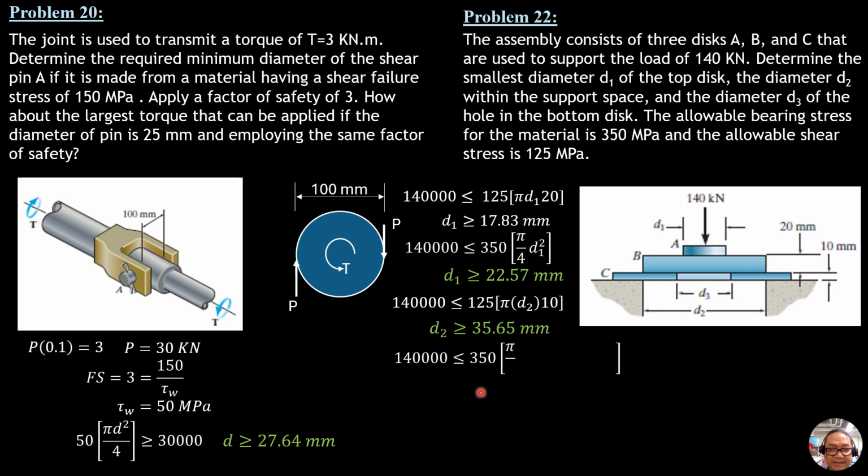So 140,000 is less than or equal to 350 times pi over 4 times diameter 2 square minus diameter 3 square. Solving for diameter 3, it is greater than or equal to 27.6 mm.